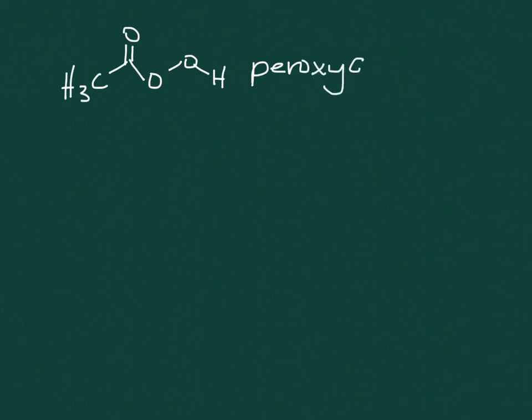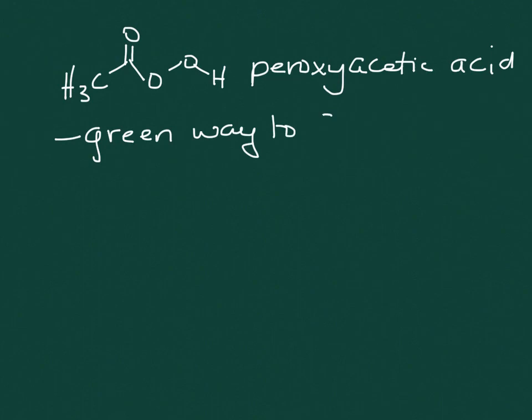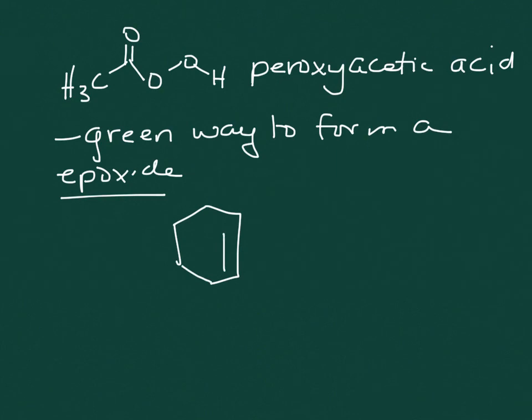And the other acid that can be used is peroxyacetic acid. In lab, we are going to learn a green way to form an epoxide. And we are going to use cyclohexene as the alkene.